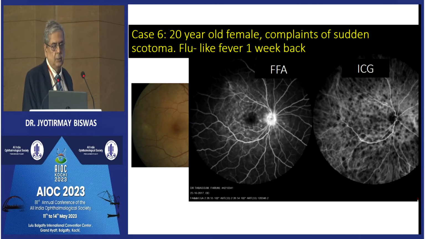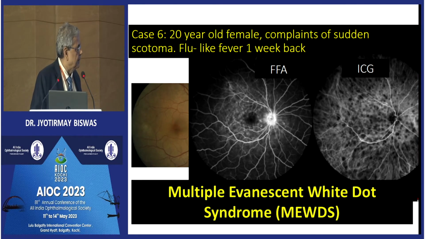This is a 20-year-old female who complained of sudden scotoma and flu-like fever 1 week back. If you do a fundus fluorescein angiogram, you see around the fovea a wreath of hyperfluorescence. And of course, the ICG can show the hypofluorescent lesions. So multiple evanescent white dot syndrome is the diagnosis.